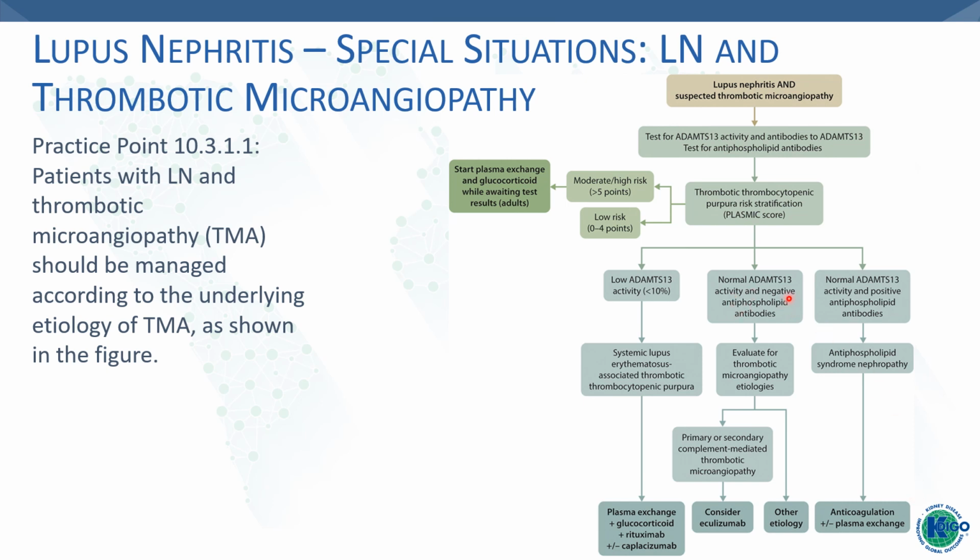If there is normal ADAMTS13 activity and negative antiphospholipid antibodies, you have to evaluate for other thrombotic microangiopathy etiologies. If there is primary or secondary complement-mediated thrombotic microangiopathy, consider eculizumab. If not, you have to search for other secondary etiologies for thrombotic microangiopathy.